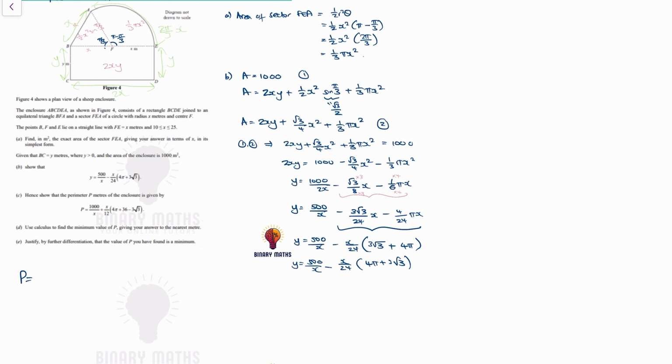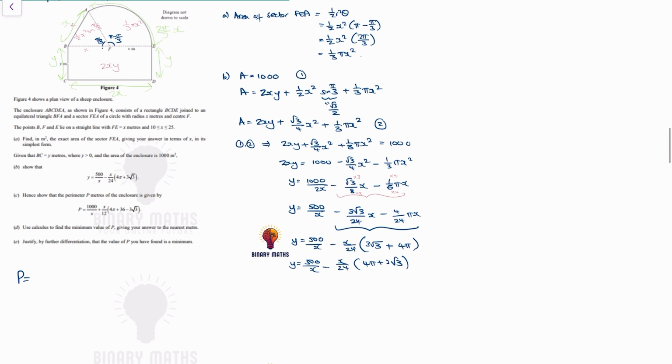Okay, so I've got y plus y, so it's 2y, plus how many lots of x? 1, 2, 3. 3x plus 2 pi over 3 x. We know what y is equal to, so we can replace it.